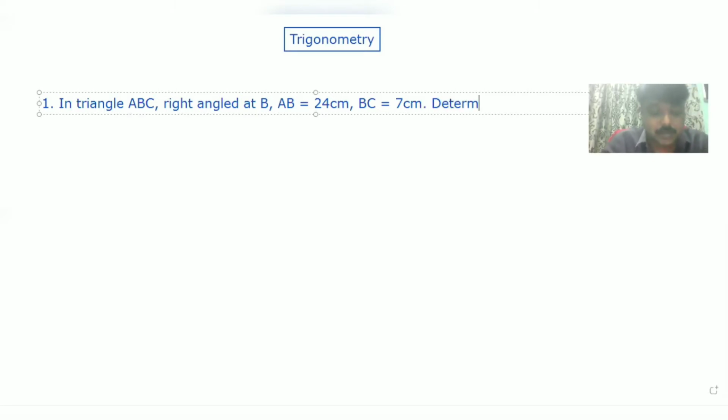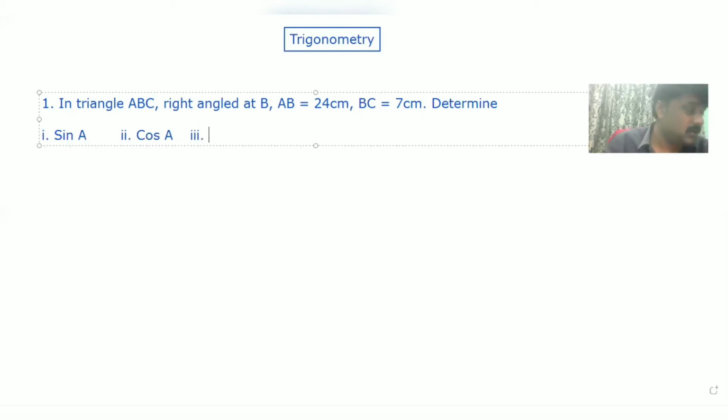Now he's asking us to determine: first one, sin A; second one, cos A; third one, sin C; and fourth one, cos C.